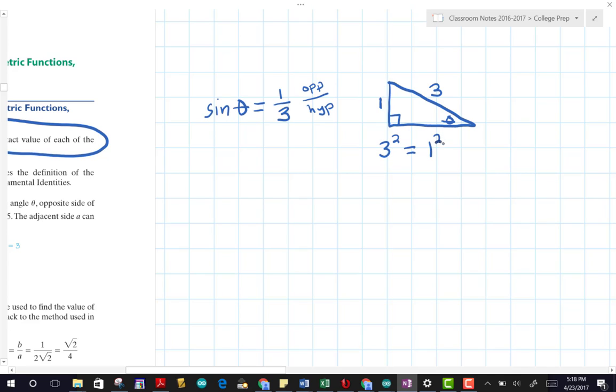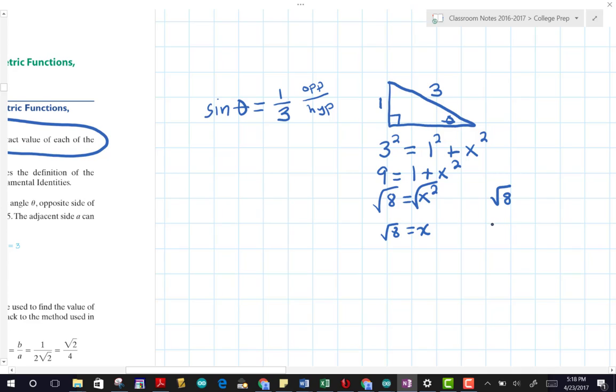Square root both sides, and I get the square root of 8 is equal to x. Now, a couple people have gotten the lesson on how to simplify this. We can rewrite the square root of 8 with 2 parts. 8 is equal to 4 times 2, and 4 is a perfect square. So if I square root it, I get 2. And so this missing side right here is equal to 2 root 2.